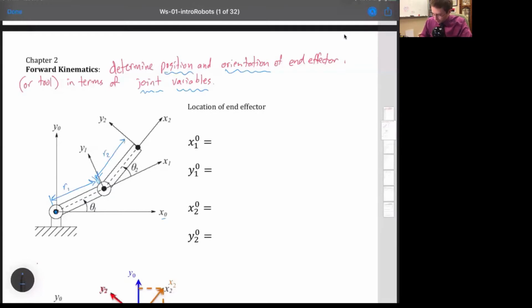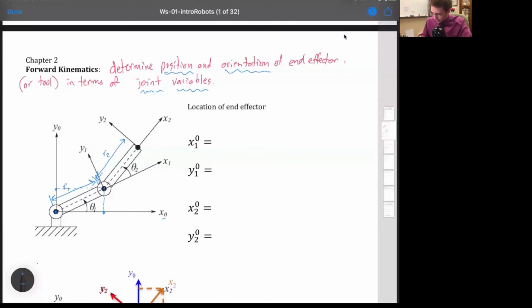We want to know what is the position of the origin of frame 1 in terms of frame 0. This is what is x1. So we'll just drop this down here. We want to know what is x1 in terms of frame 0. And then we'll drop over here, what is y1?